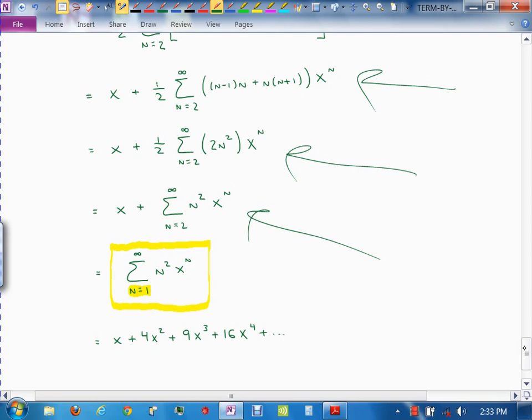My actual index starts where? At 2. But what if I had said let's start it at 1? What would you get? 1 squared times x to the 1, which would be x. Holy shit, that's it right there, right? It just so happens that x is what I would get if I had started this with 1. Got lucky. So I just changed it from 1 to infinity, and that is that. Won't always happen.